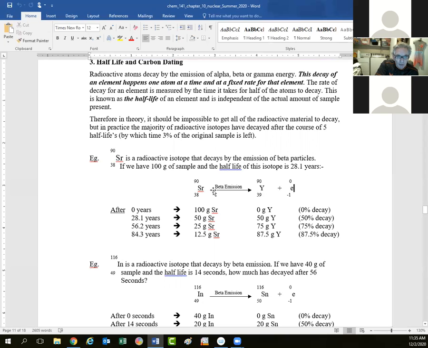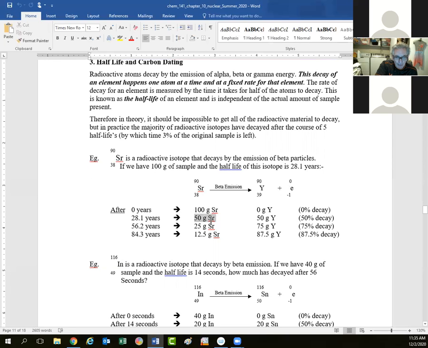And so this happens one atom at a time, and it takes just over 28 years for half of the sample to radioactively decay. So starting off with 100 grams, we allow just over 28 years to pass.